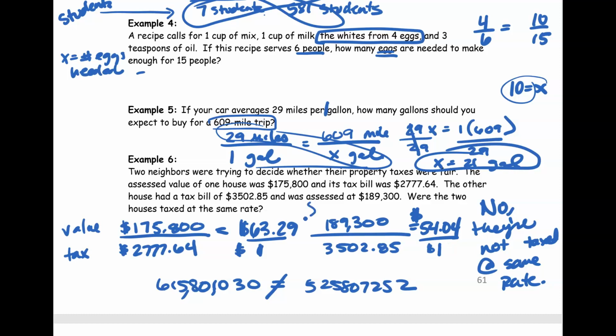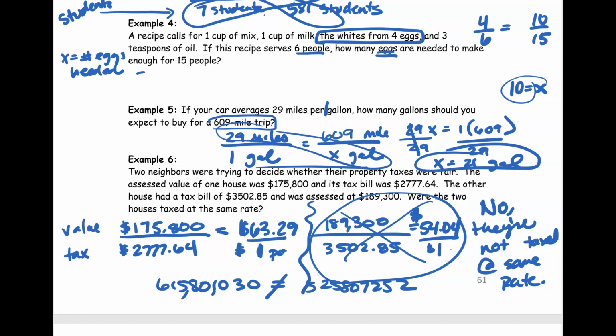So a lot of people, like I know when I do this in class, I have a lot of students say, if I ask them the question, well, which one's the better deal? And a lot of people say, oh yeah, this house, this is better deal. And it's actually not the better deal. The reason is because the consumer is paying $1 for every $54 it's assessed, so it's paying that money more frequently, whereas this person can actually have more, their house is worth more for every dollar that they end up paying.